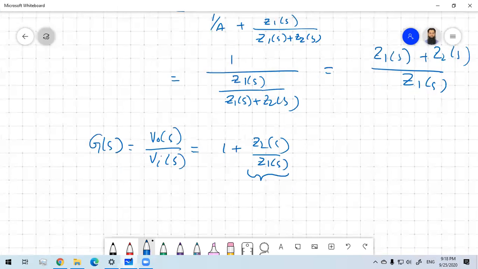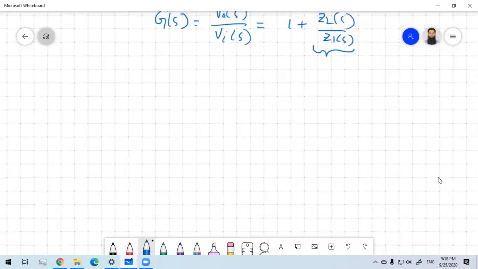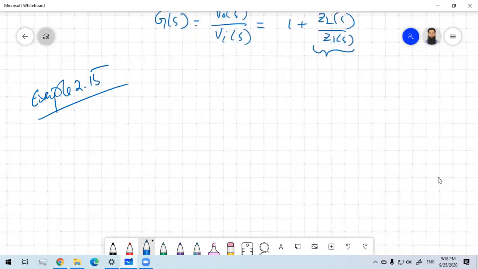Example 2.15. You are given a non-inverting op-amp with this particular Z1 and Z2.